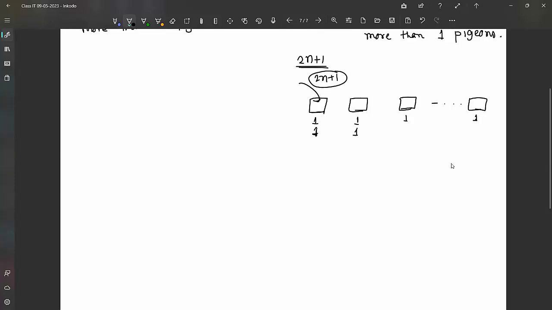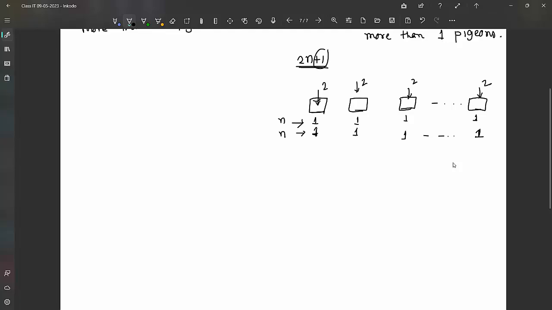This is not necessary, you have to fill all the boxes. But if you want to fill all the boxes, then the possibility occurs here. 1 1 1 in all boxes, then again 1 1 1 in all boxes. Then this is the 2n case. n pigeons are placed here, n pigeons are placed here. So each box contains two pigeons.